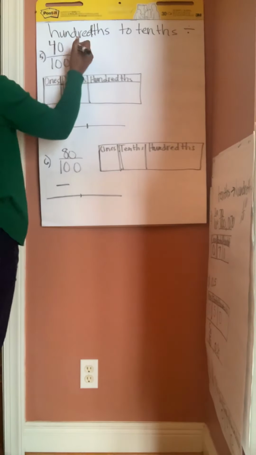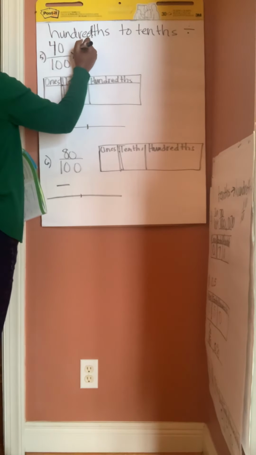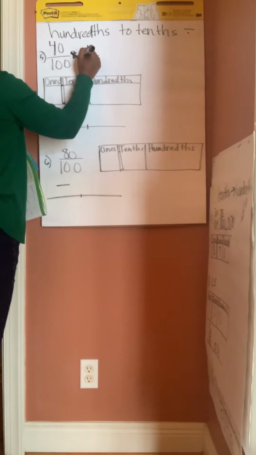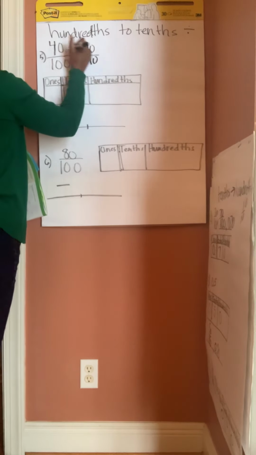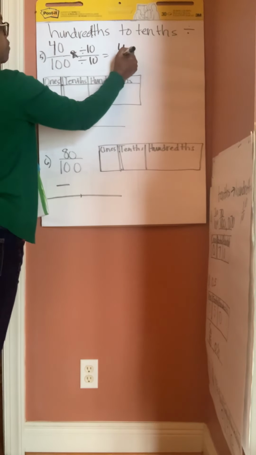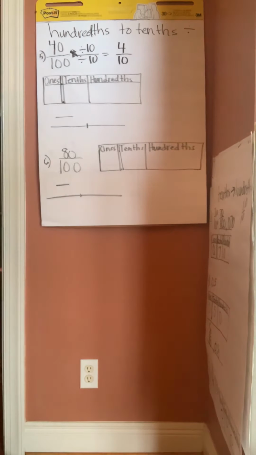Okay? So I'm going to divide by what? 10. Divide. You have to do it to the top and the bottom. Okay? So this will give me 4 tenths. 40 hundredths divided by 10 over 10 is the same as 4 tenths.